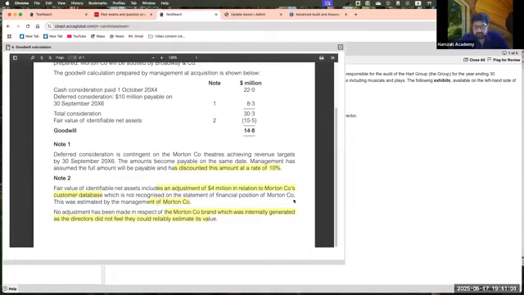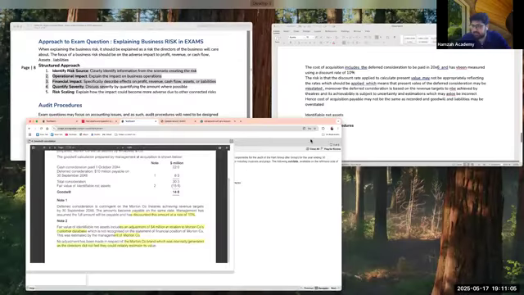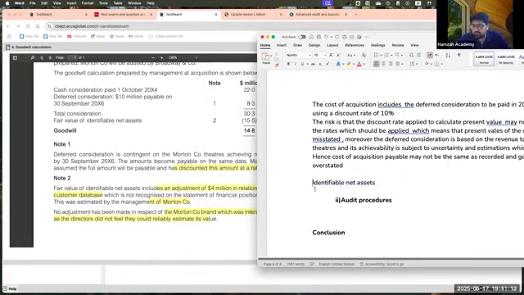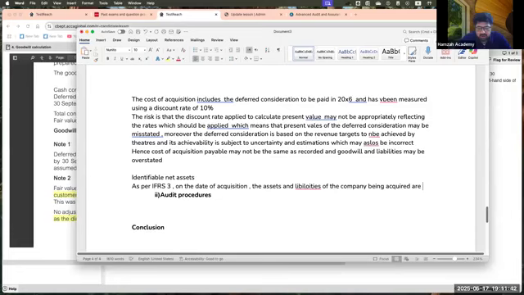Now, so yes, as per IFRS 3, on the date of acquisition, the assets and liabilities of the company being acquired are to be measured at fair values.